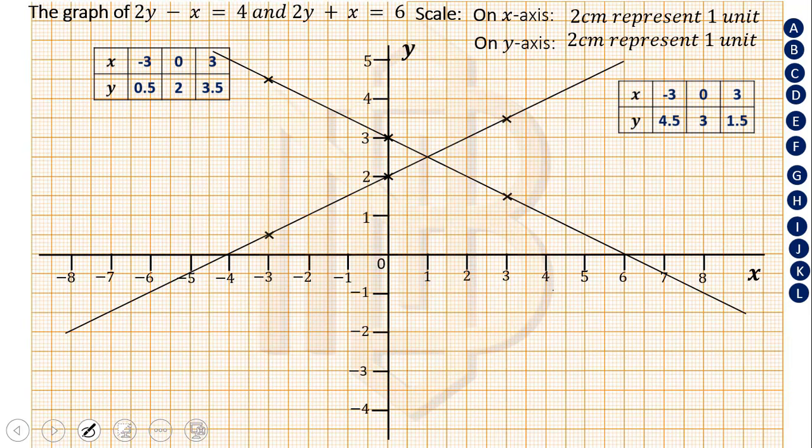Now let's solve the question. What will then be our answer? Very simple. What you just need to check is where the two lines meet. Look at it here. The two lines meet here. Can you see? Once you have gotten where they meet, you trace out the coordinates of that meeting point.